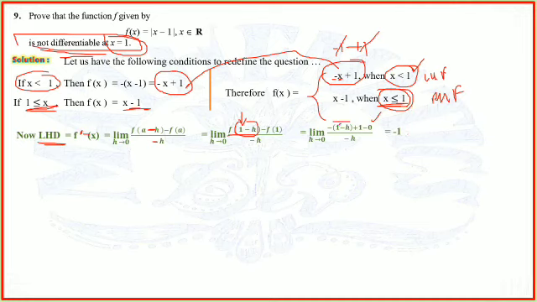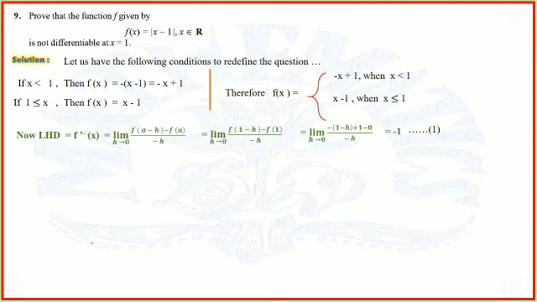This is minus 1 multiplying inside. This minus 1 will cancel with this 1, and then minus into minus is plus, and this is minus. H and h will also cancel, but here we will have plus value and here it is minus. So minus will be taken here. So the value of left hand derivative is minus 1, equation number 1.